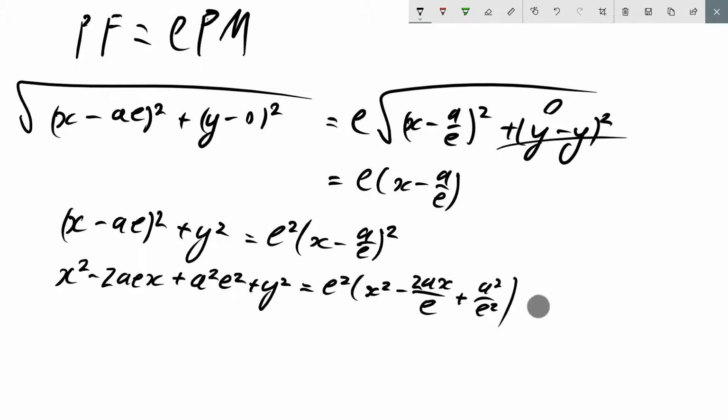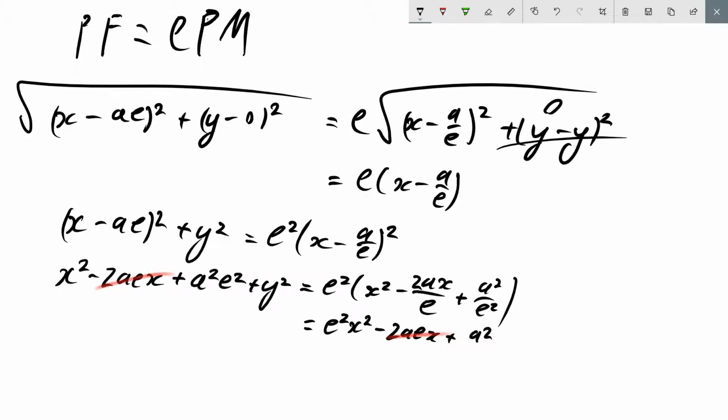I'm now going to expand the e squared inwards, so we'll get e squared x squared minus 2aex plus a squared. There's some cancelling here and here.